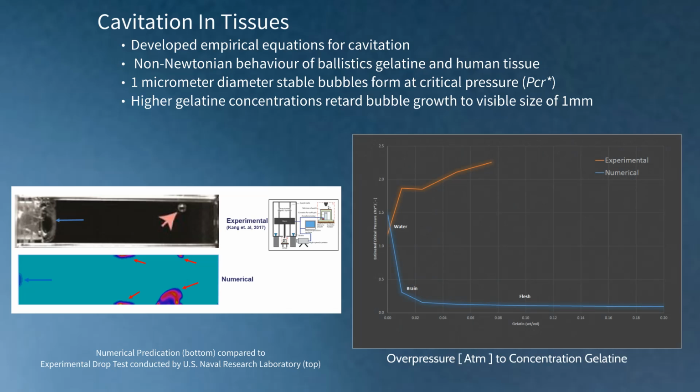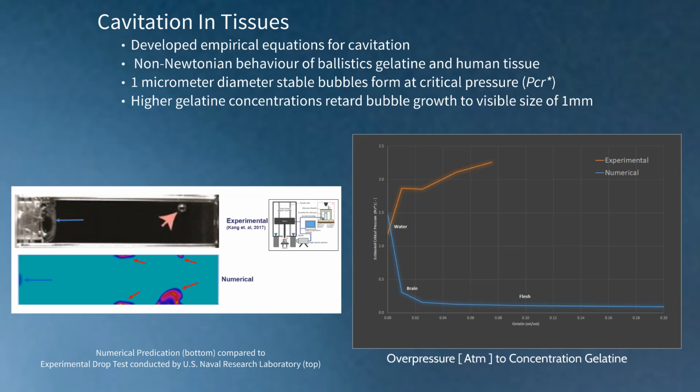The interesting thing is that as the shear thickening behaviour is shown, numerically we are finding that less pressure was required to initiate cavitation with more shear thickening materials, such as in the brain and in the body.